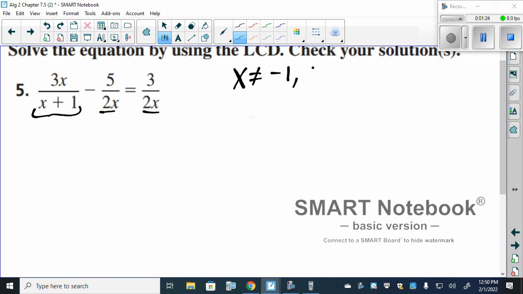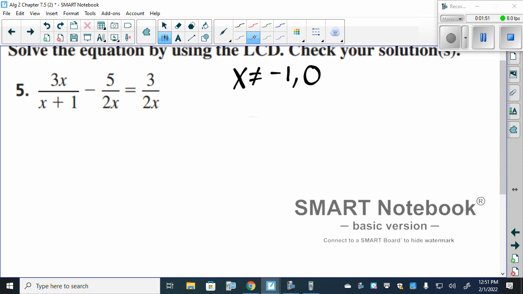In both of those cases, it would be 0. So the 2 values of x that can make the denominator 0 are negative 1 and 0. So the value of x cannot be negative 1 or 0, because if we get either one of these values, that is a solution that will not work in the original problem.